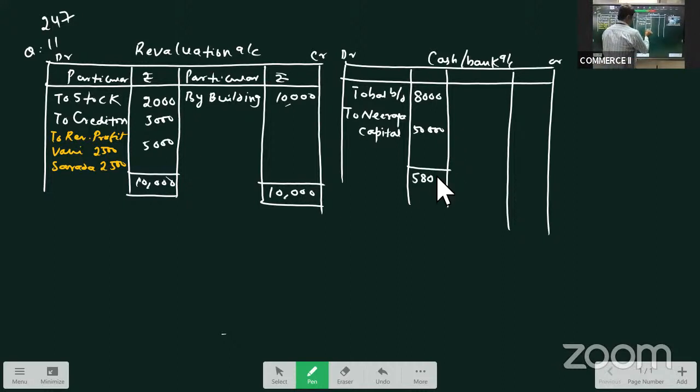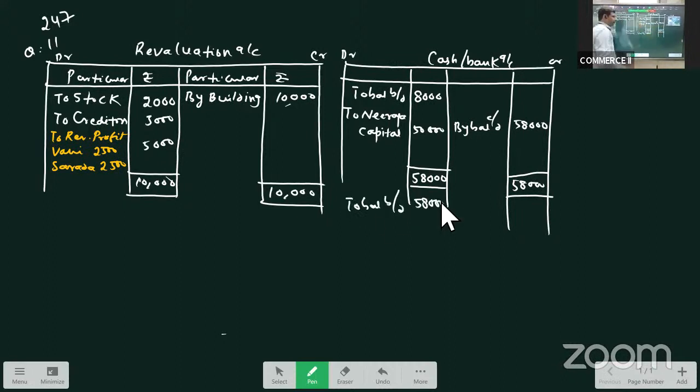Now the cash balance is 58,000. So when preparing the balance sheet, we will take 58,000 as our cash balance. To balance brought down 58,000.